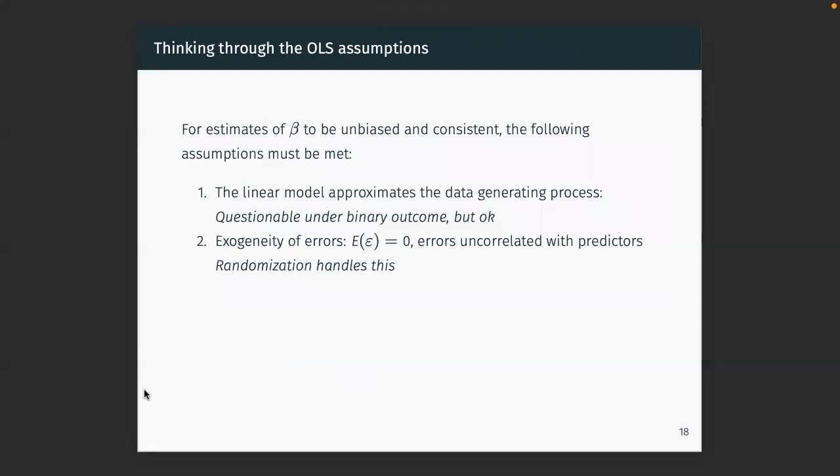Linearity of the data generating process is a questionable assumption under a binary outcome. That is, it's difficult to say. The other thing is whether going from 50 to 75% probability is equivalent. We have differences in step size. An increase in probability from 50 to 75 might be different than an increase from 95 to 99, even though it's 25 points.